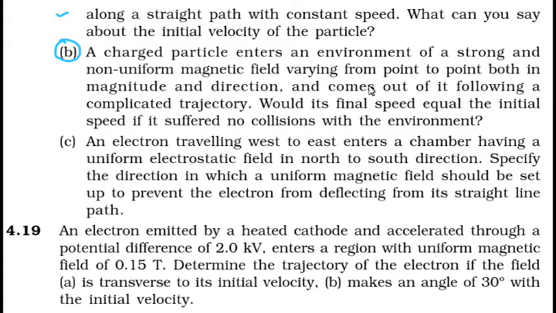And comes out of it following a complicated trajectory. Would its final speed equal the initial speed if it suffers no collision with the environment? Now let us see the solution.